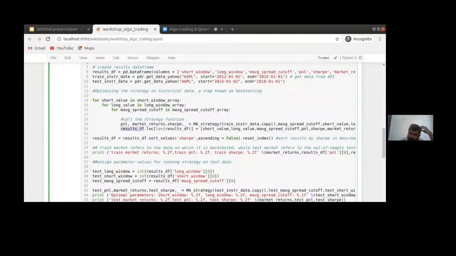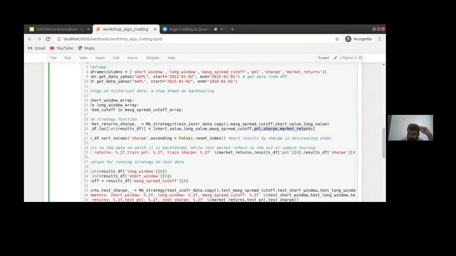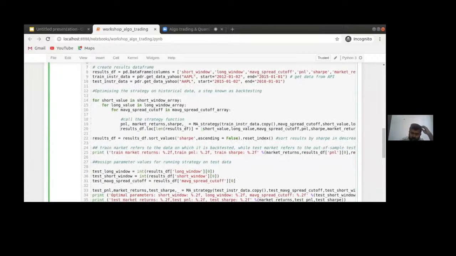Then I store the values in this data frame, result df. I have the parameters which I was passing, and then the PNL, sharpe, and market return. I have written them in a list and I'm storing it in the data frame as a row.